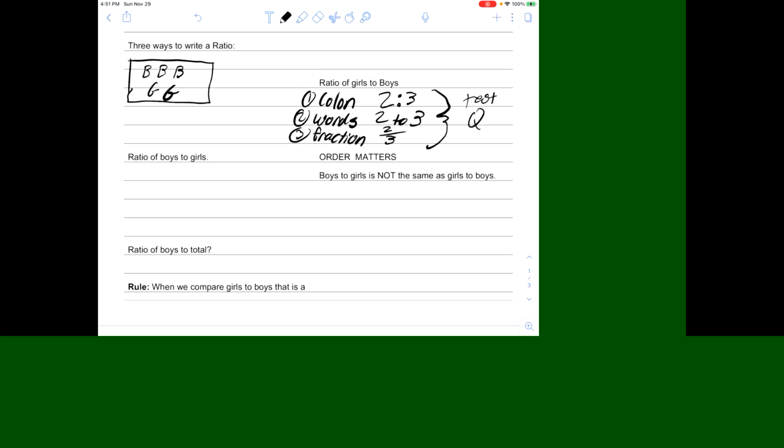Now, this is the ratio of girls to boys. If I wanted to write the ratio of boys to girls, that is a different thing because order matters. Boys to girls is not the same as girls to boys. In girls to boys, you put the number 2 first because the word girls is first.